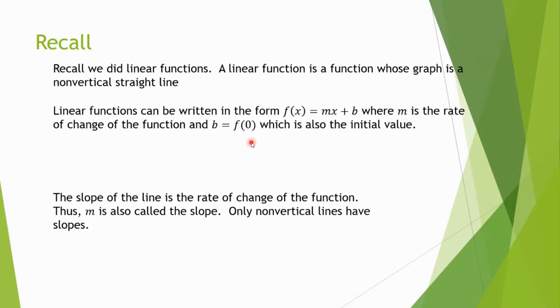And also, linear functions can be written this way, f(x) = mx + b, where m is your slope, also called your rate of change, and your b is your f of 0. In other words, it's your initial value.